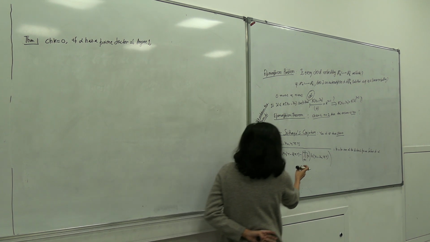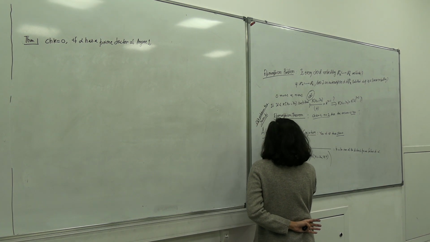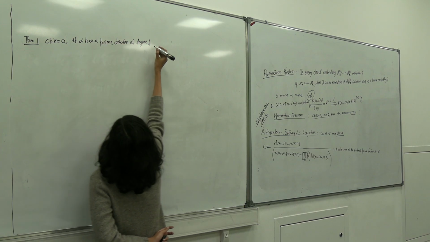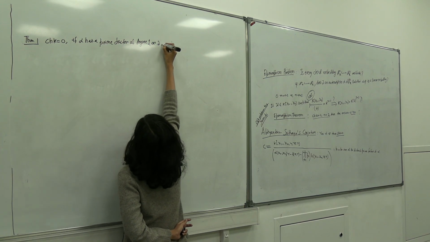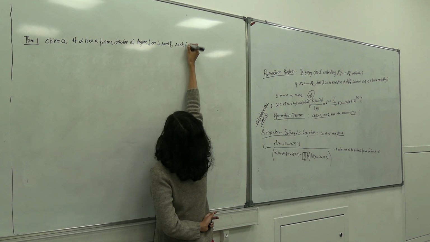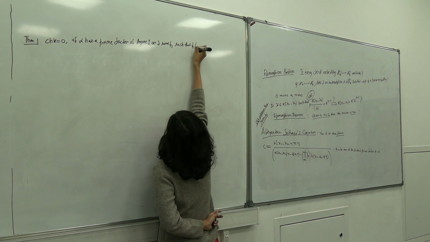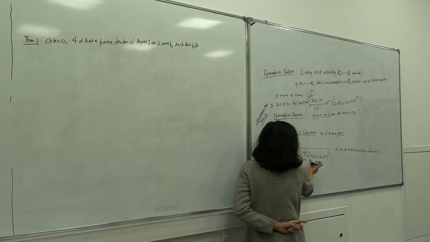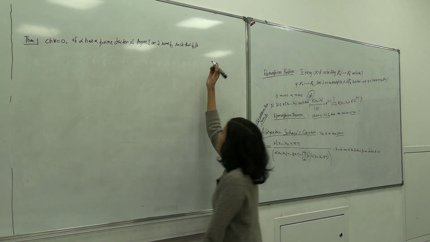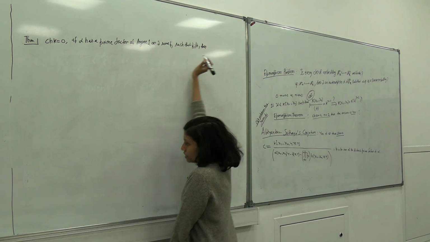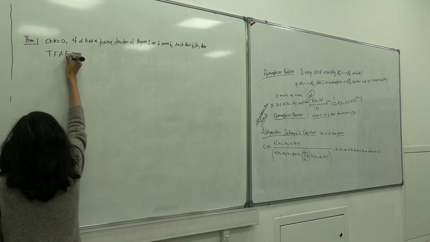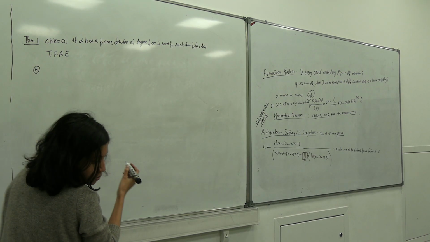That is, there is one P which appears just once in alpha, or there exists some Pj such that Pj divides H. Here, for this theorem we have to assume that one Pj divides H. Then the following are equivalent.